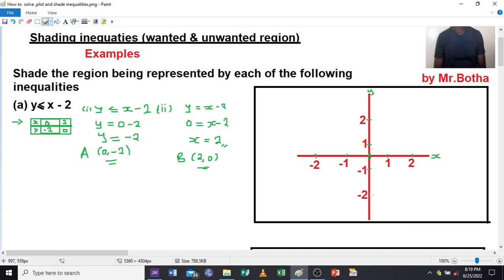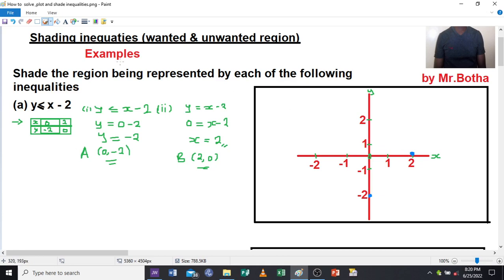Now where is that point? That point is right here. Hope you are following. Next we have 2, 0, where x is 2 and y is 0. So that means it's right here. That's B. So that's +2, and we have the point right here on 2.